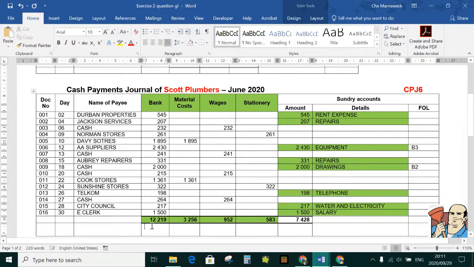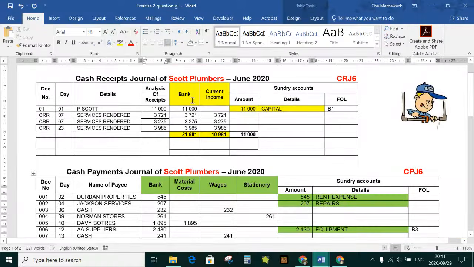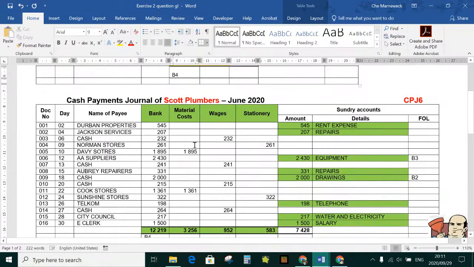Yes. So bank will be next. So after 3 comes 4, so B4 for bank. Remembering that there are 2 bank columns, one in the cash receipts journal, one in the cash payments journal. That is B4. We then have a look. Do we have cash float or petty cash? No, we don't. So that is our balance sheet section done.